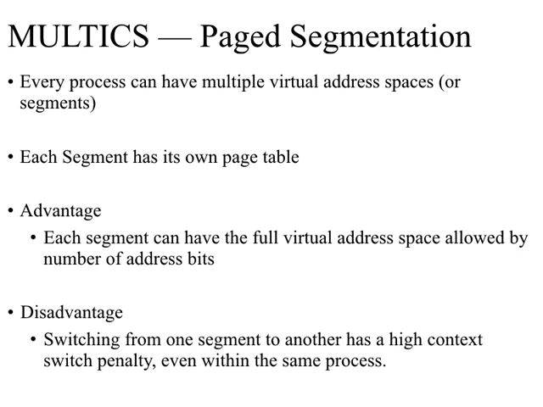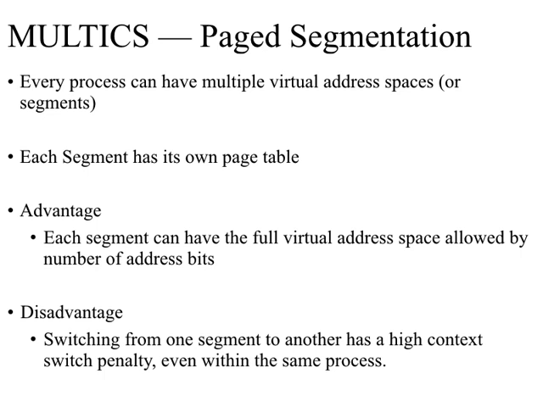So we will first consider the earliest segmentation architecture, which was introduced in the Multics operating system. Multics ran on one of the IBM mainframe systems, and it was a pioneer of sorts in introducing the modern segmentation architecture.